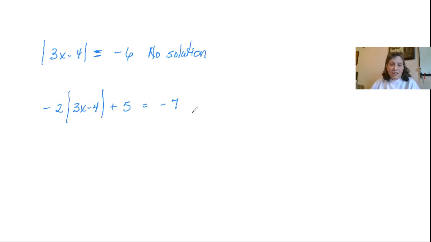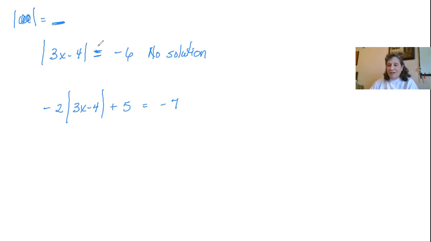And my first reaction would be, uh-oh, there's a negative over there. But it might, or it might not stay negative. I have to get it in this form: the absolute value of something is equal to something.